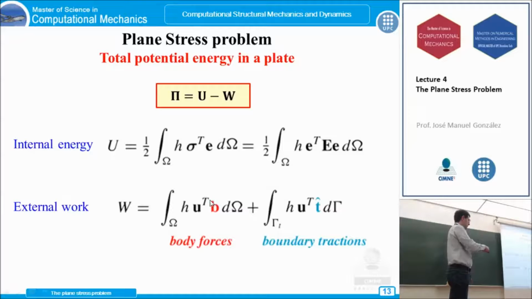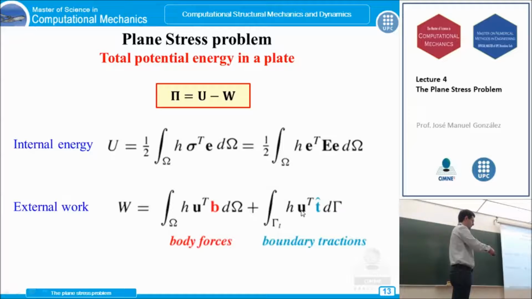And external work considers these body forces. These body forces are forces per unit of volume times the displacement along the thickness. We consider them as uniform along the thickness, so you multiply this external work times h, and we integrate along the volume, plus the boundary tractions applied in the boundary, part of the traction boundary conditions.